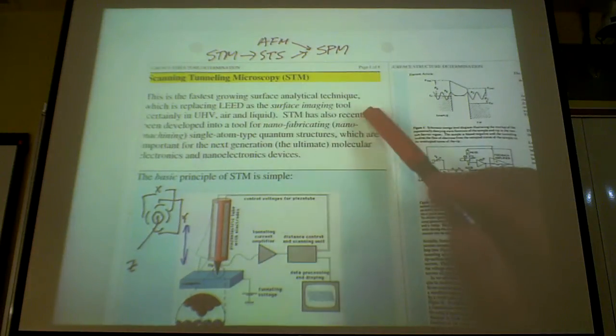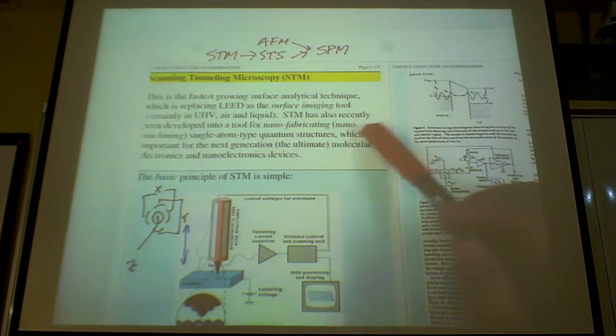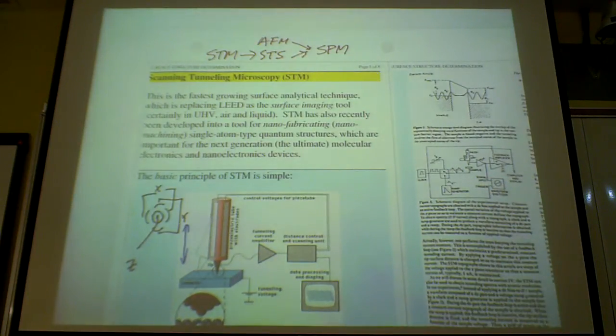It is one of the so-called real nano tools in the way that it can image the electron density of a single atom. So this is the power of this.